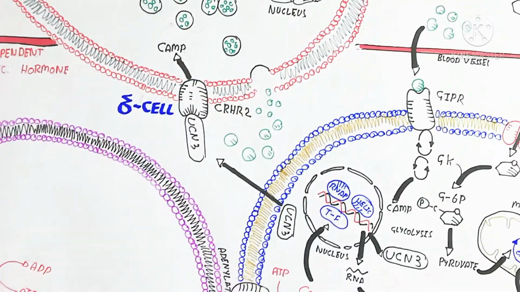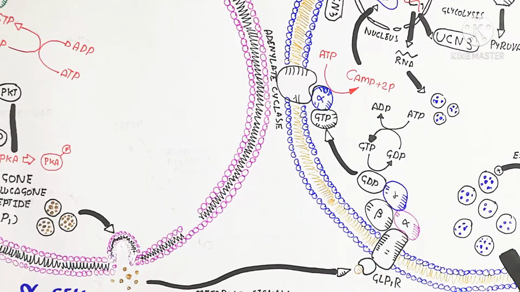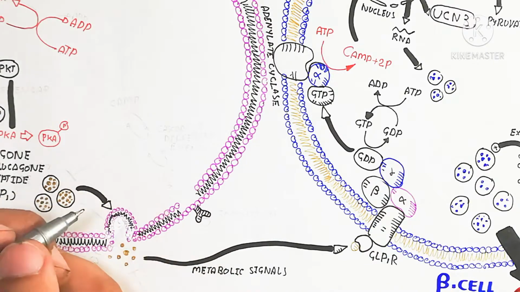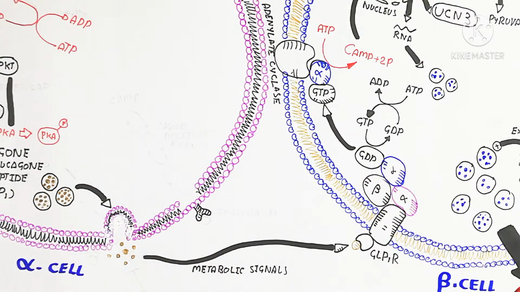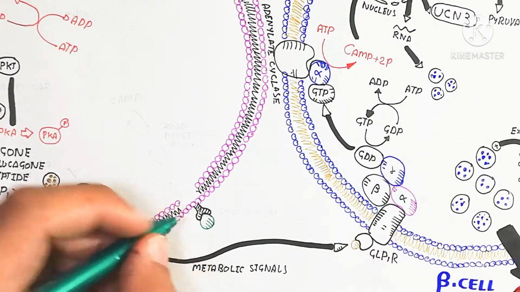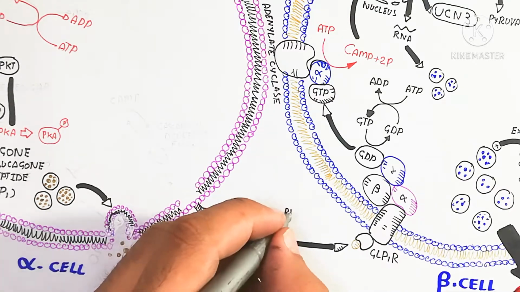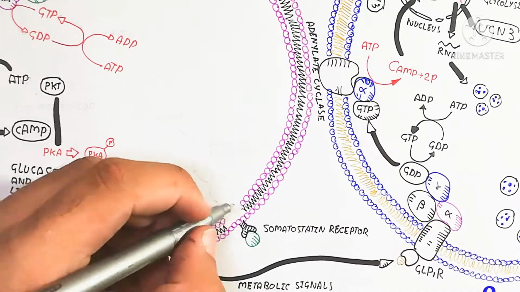So what is the function of the somatostatin? It is exocytosed, and its function is growth. It is important to know that here is the alpha cell, the glucagon-producing cell, which binds with the somatostatin to inhibit. So inhibition.